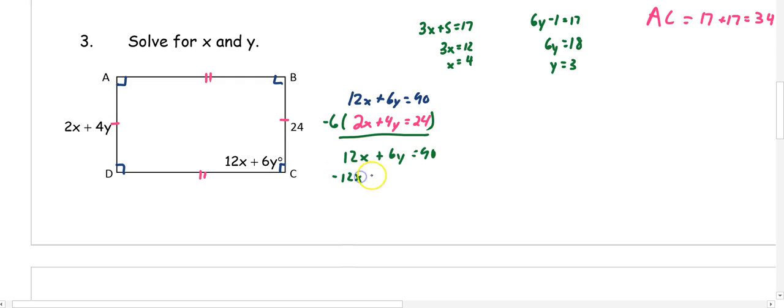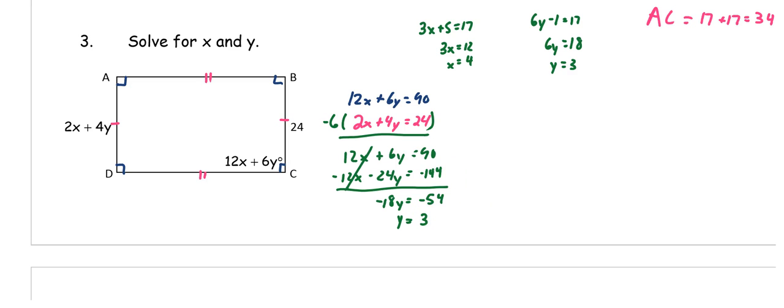When I add straight down, my x's cancel out, and my y's leave me with negative 18y equals negative 54. So when I divide by negative 18, I get that y is 3.